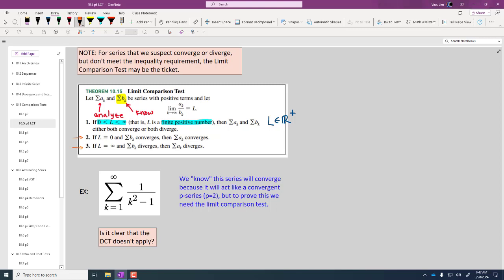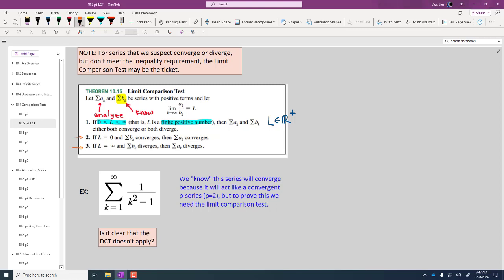Okay, so next one, if the limit is infinity, and we suspect that the a sub k series diverges, we're going to use another divergent series to compare it to. So we're choosing a b sub k that diverges.